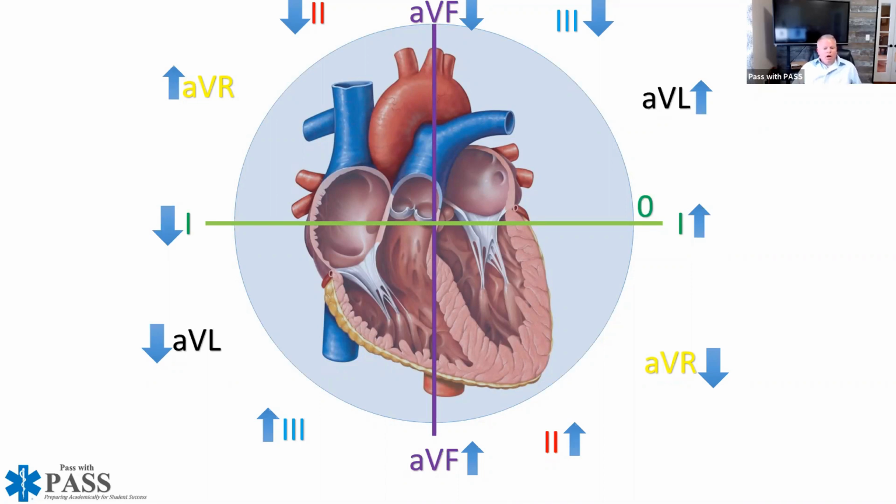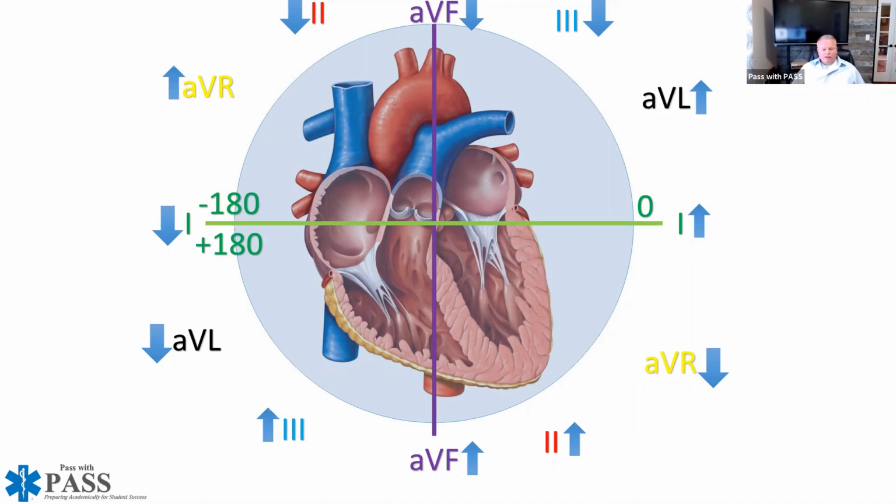So in lead 1, there are a few things you have to recall. Lead 1, when positive, is going to be 0 degrees. All I'm doing here is quadranting off the different areas we're going to be talking about. If you're lost at this point, just hang tight and bear with me for a few minutes, and I think it will all start to make sense.